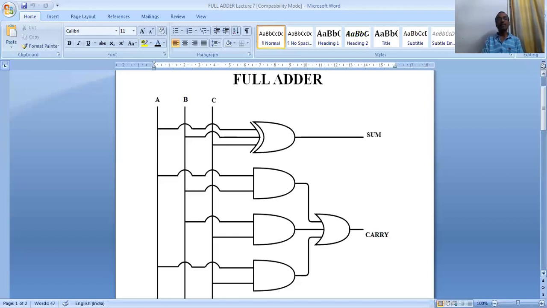In the next case, C input is directly connected to the third AND gate. A input is first overlapped B and C input and then connected to the third AND gate.